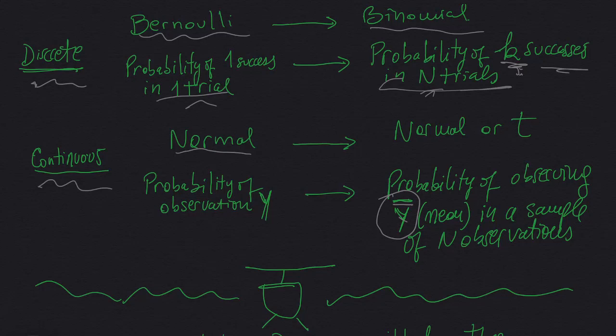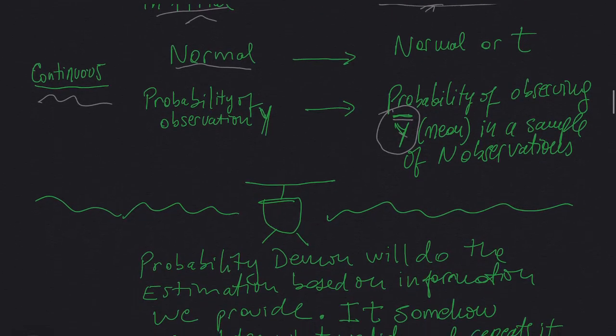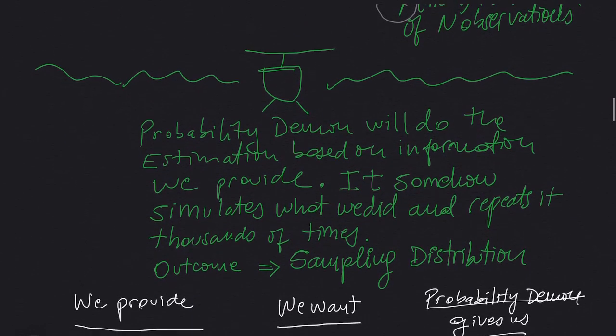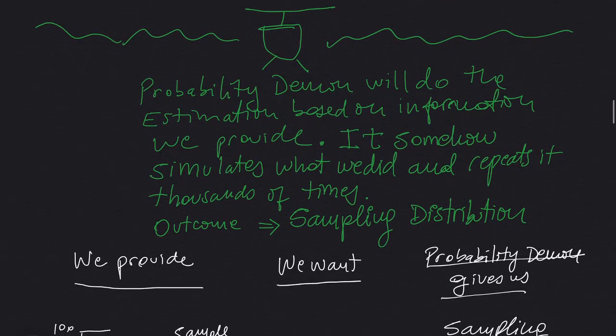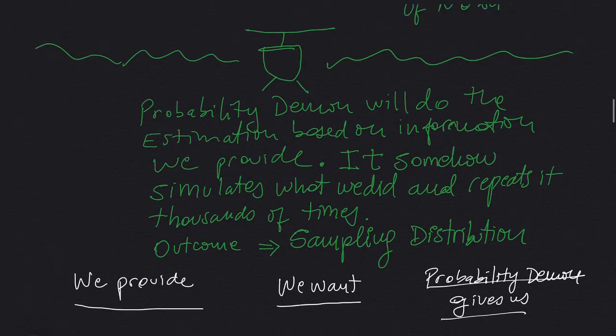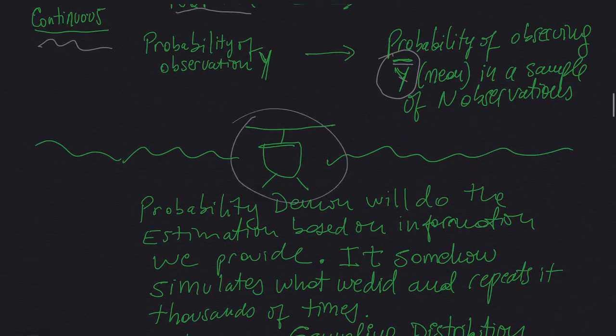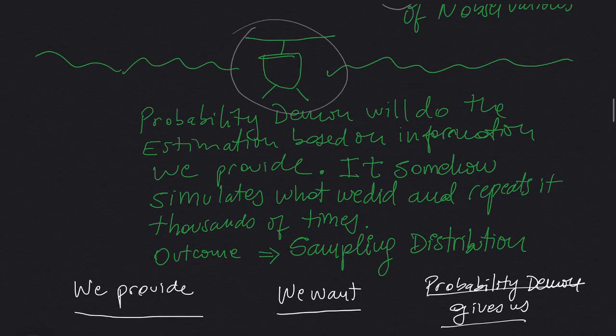Okay, so now after this digression, let's see what the probability daemon does to help us make an estimation of the population. The probability daemon will do the estimation based on information we provide.